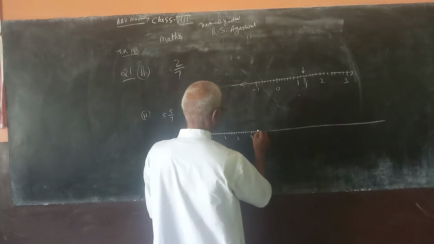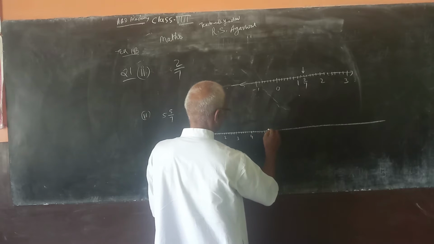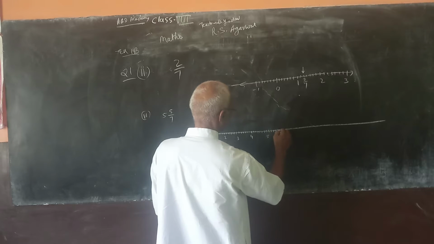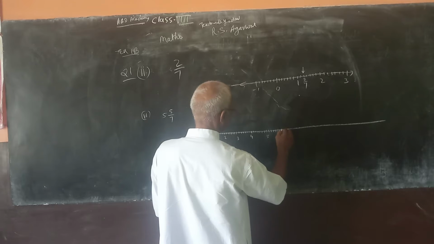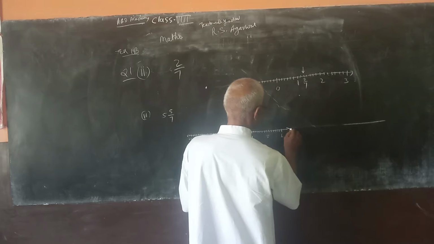Likewise, 1, 2, 3, 4, 5, 6, 7, 5. 1, 2, 3, 4, 5, 6, 7, here is 6. Likewise, and no need to write more, it is a number line.